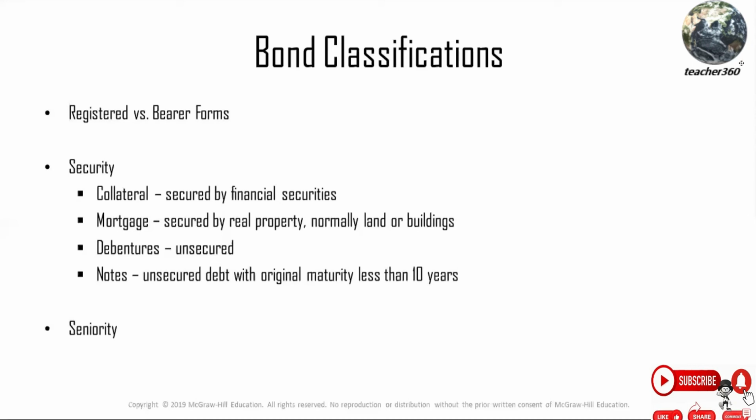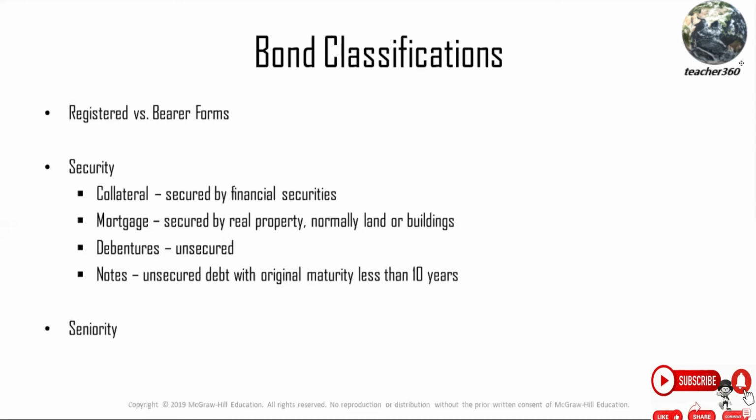Based on the security, bonds can also be classified. In security, you can see security can be collateral, mortgage, debentures, notes. Collateral is secured by financial securities. Mortgage is secured by real property, normally land or buildings.